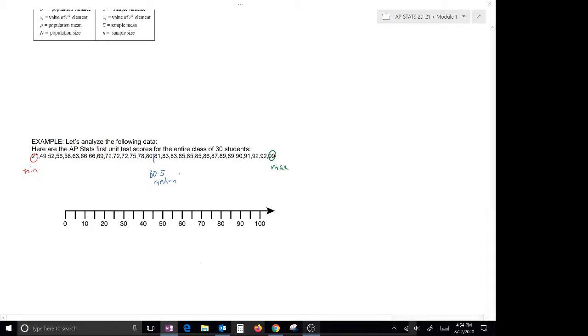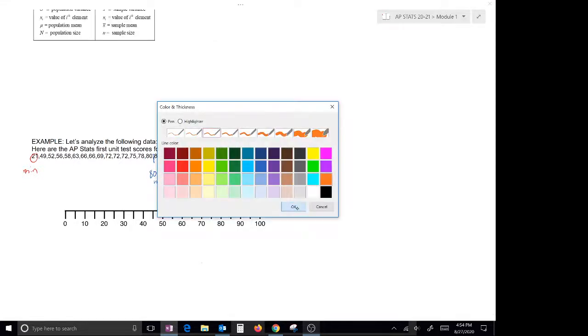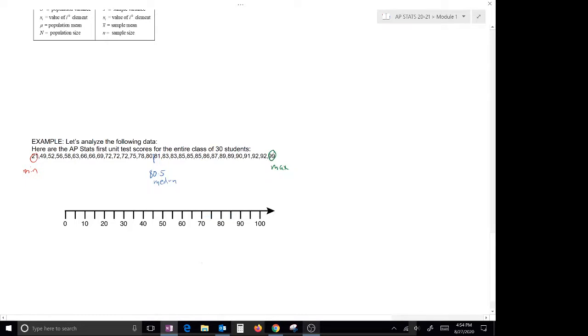Next, we need to find our first quartile and our third quartile. To find our first quartile, we find the median between the minimum and our median, so the middle number of our first set here. We know there's 15, so halfway would be 7.5, so it's really going to be the 8th number.